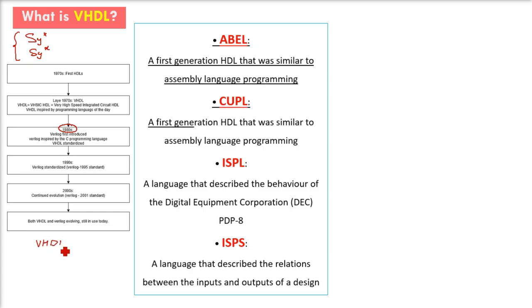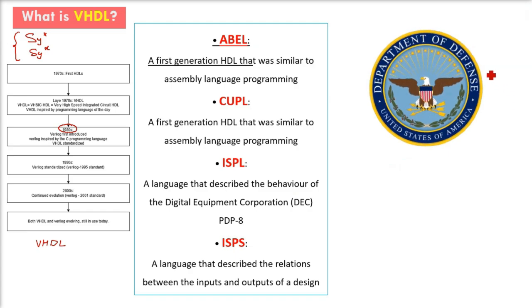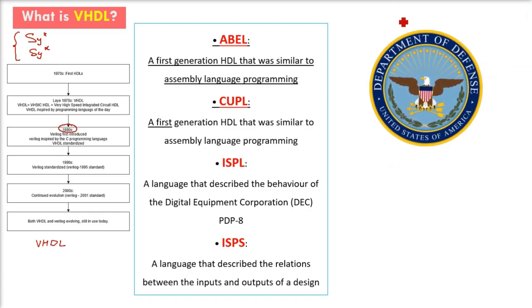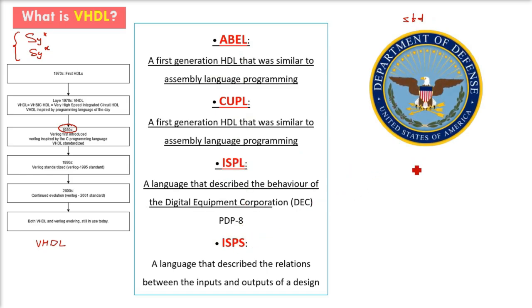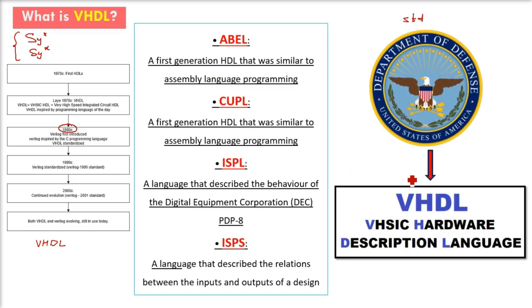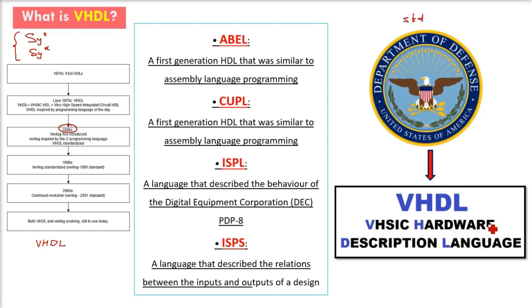The United States Department of Defense recognized the need for a standard HDL that could be used across different design tools and environments, and VHDL was developed to meet this need.